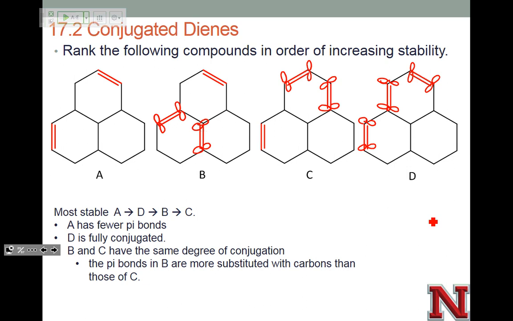So this one, especially this one, has the most substitution, so B is a little bit more stable than C. So once you look at conjugation, then you're just comparing what we compared before for our stability, which is substitution. Remember, our more substituted pi bonds are more stable. I wouldn't ask you to tell me how much more stable A is over B, but you should be able to put them in order.